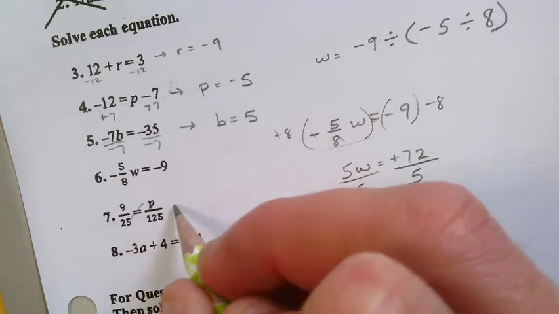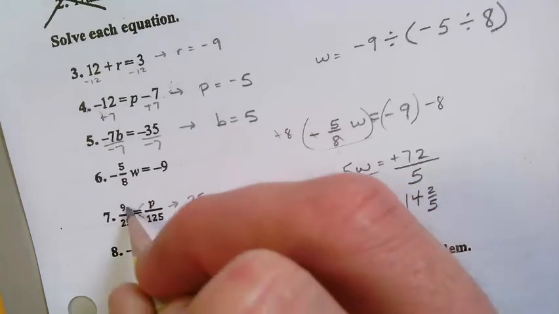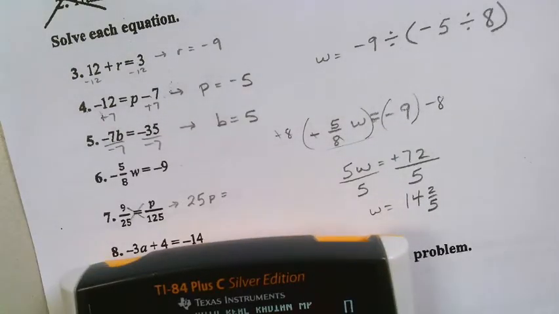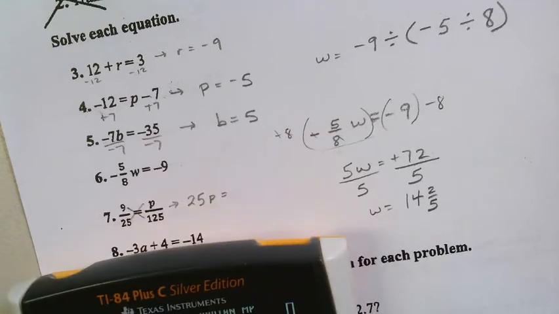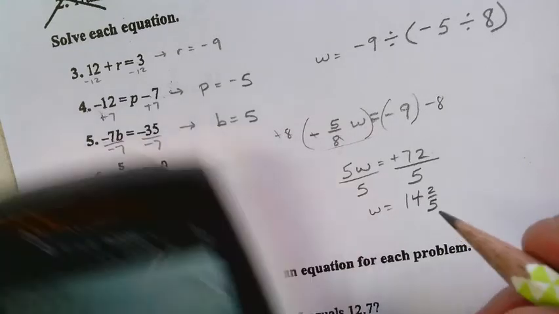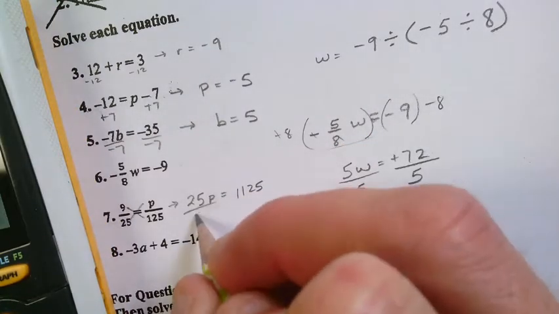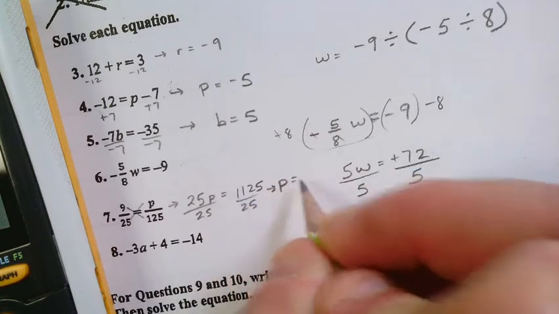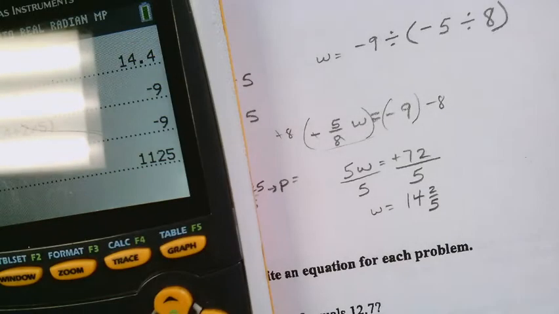Cross multiplying here, you get 25p is equal to 9 times 125, 1125, I think. If we divide through by 25 on both sides, 1125 divided by 25.